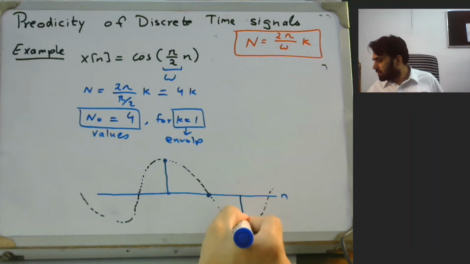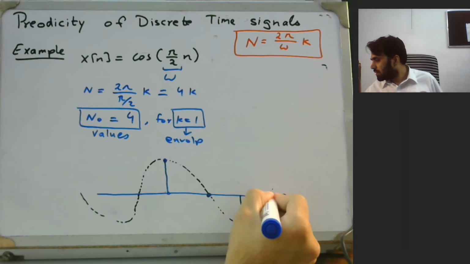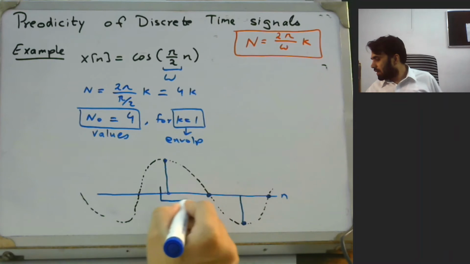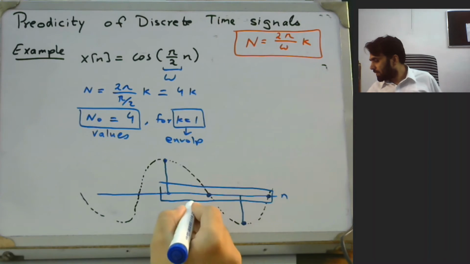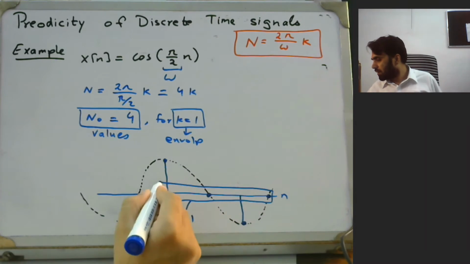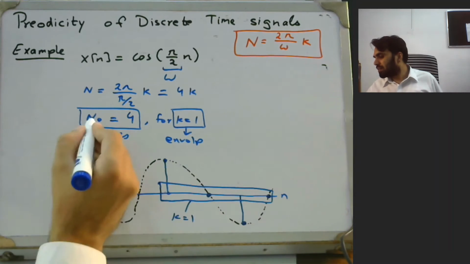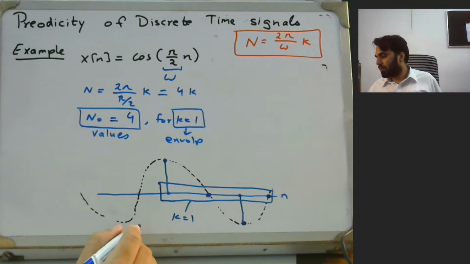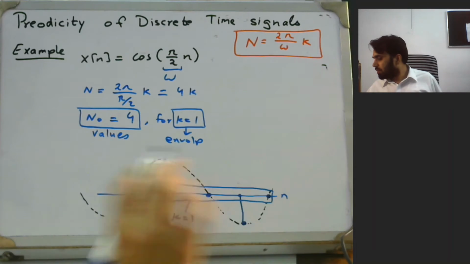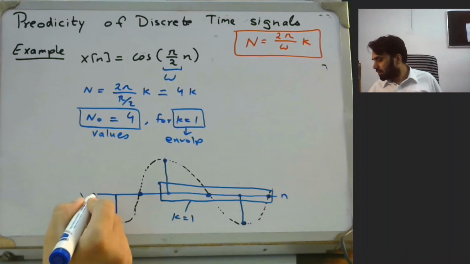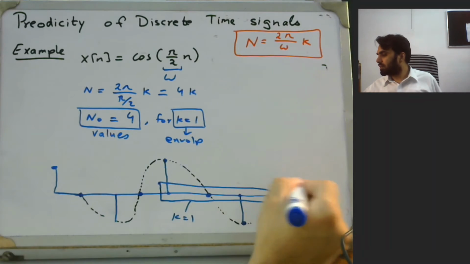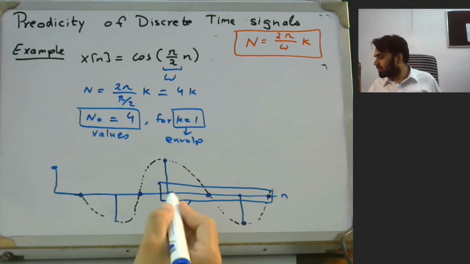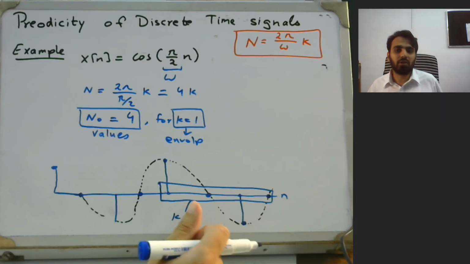This would be our third value, and this would be our fourth value, right? So 1, 2, 3, 4. This is our envelope, that is k equal to 1. So this one envelope contains 4 discrete values of n naught, right? These 4 values are appearing over here, but this envelope would be repeated at other intervals as well and on the other side. So k determines the envelope, and n naught is the number of values given in that particular interval.